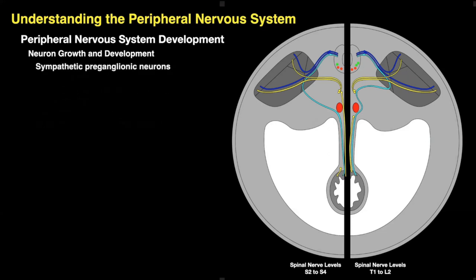So let's start and put in the sympathetic preganglionic neurons. Now, I want you to notice that they only arise from T1 to L2. The only place we find preganglionic sympathetics is T1 to L2. And what do they do? Well, look at it. They grow out and they seek the postganglionic crest cells.